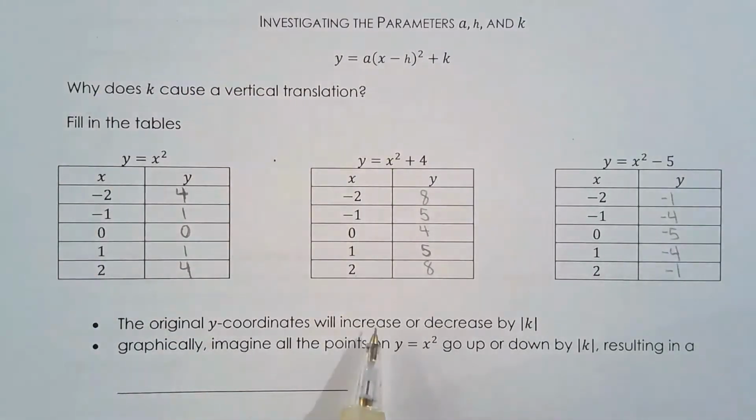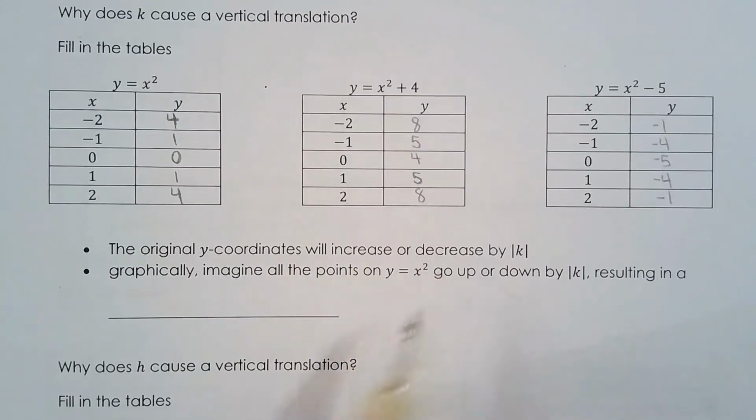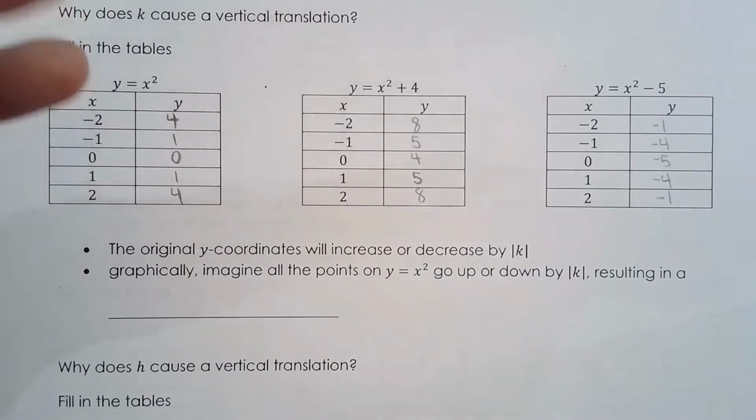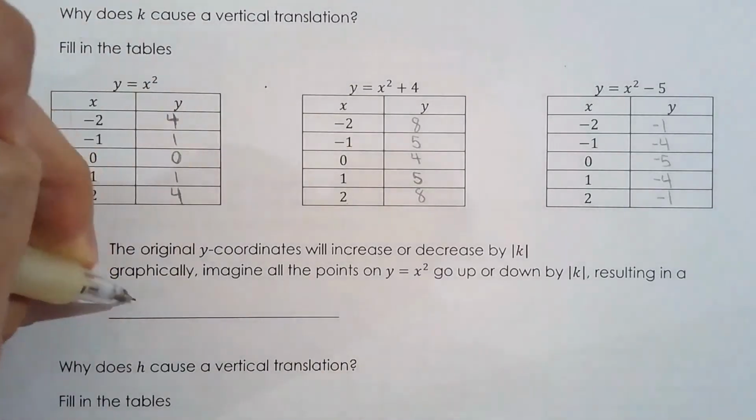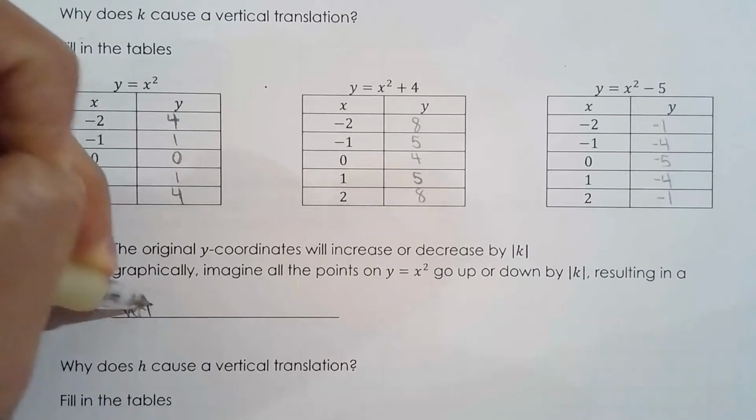If you're increasing or decreasing the y coordinates to obtain the new points, what kind of transformation are you really creating here? Okay, hopefully you can really imagine, if you're sliding all the points up and down because you're really just changing the y coordinates by either adding or subtracting, then it's going to result in a vertical translation.